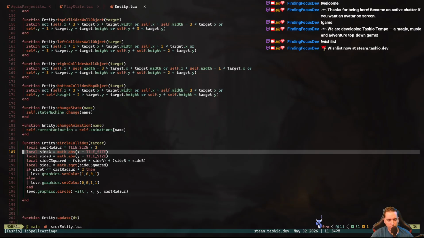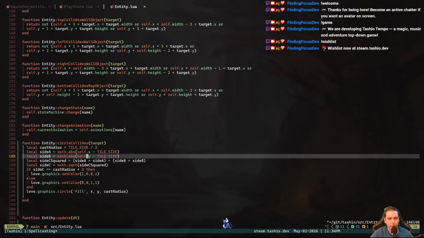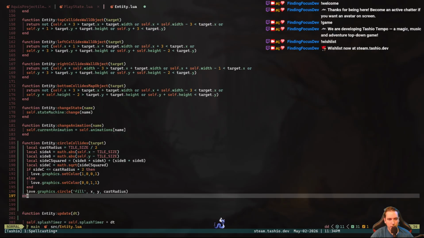I don't know if that'll be problematic. The self x, self y. Then we get the squared distance. We square root it. Then we check the distance. Okay. So the hard thing is this needs to trigger the render, the set color for the render.